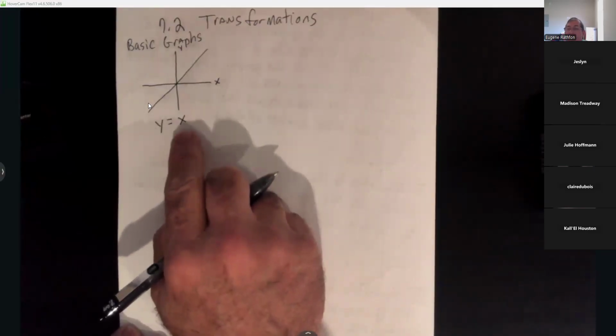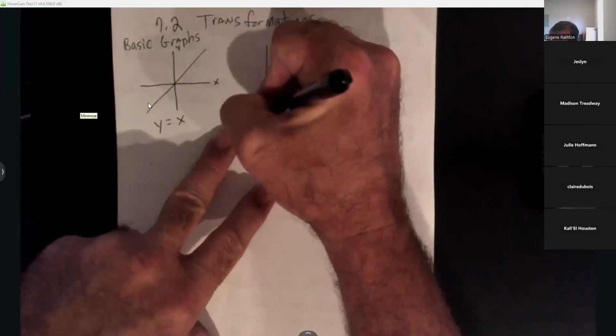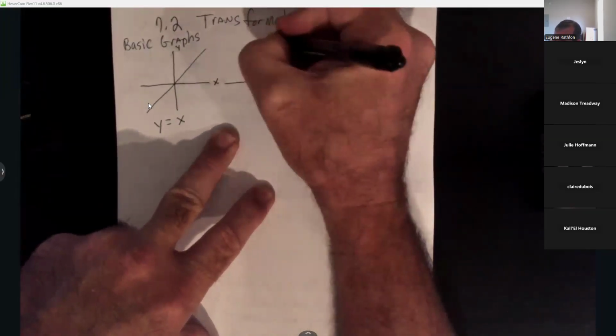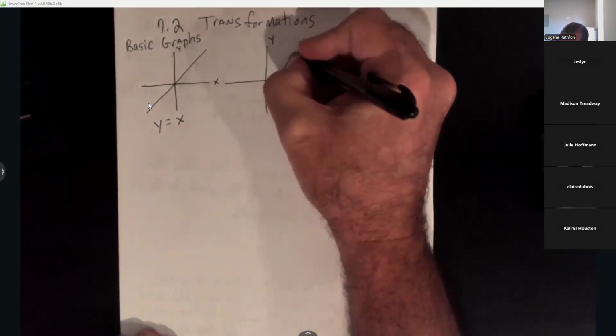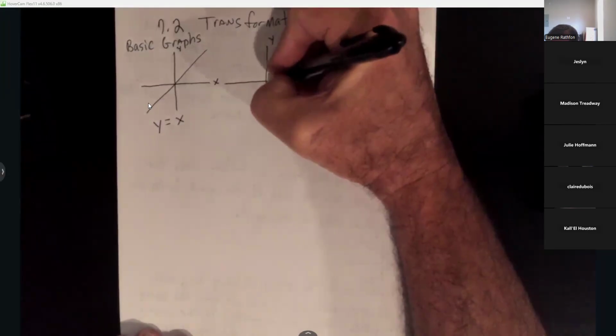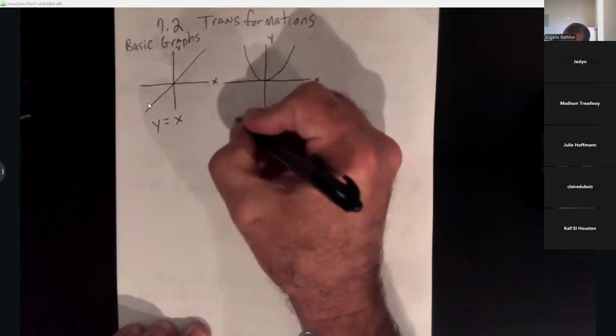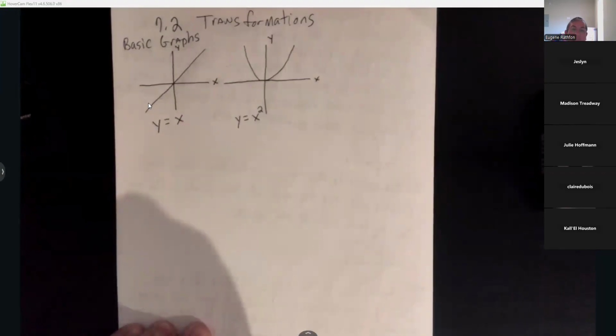It's the most basic line graph you can draw, okay? All right, y'all, next. We've been drawing these graphs, or we've been sort of playing with them a little bit. The U-shaped parabola, that is the y equals x squared graph.